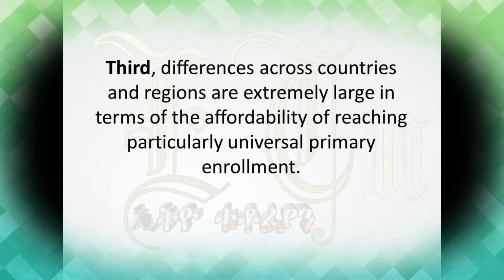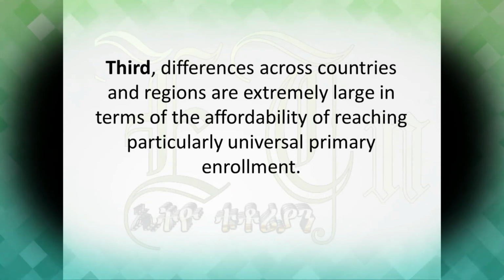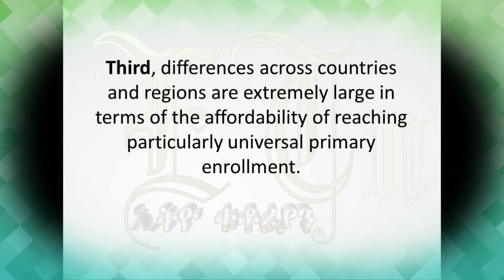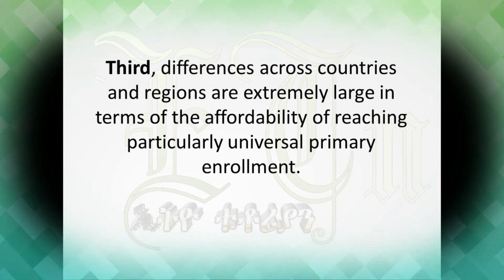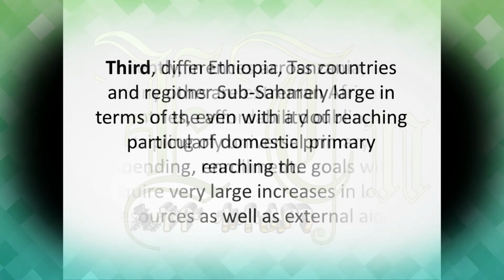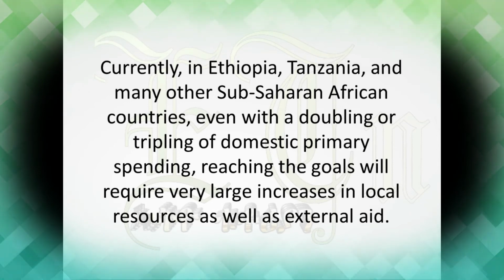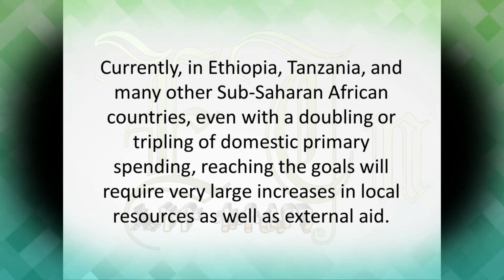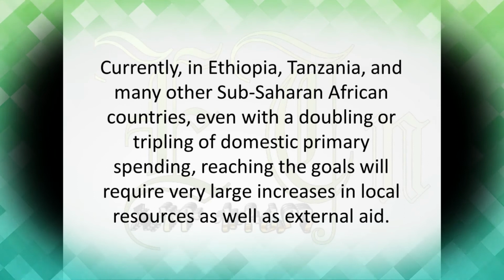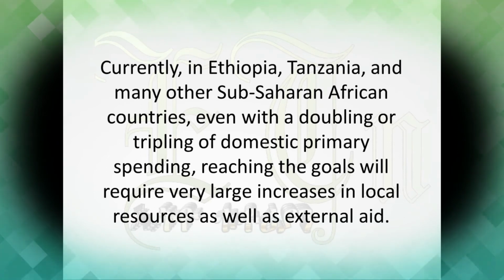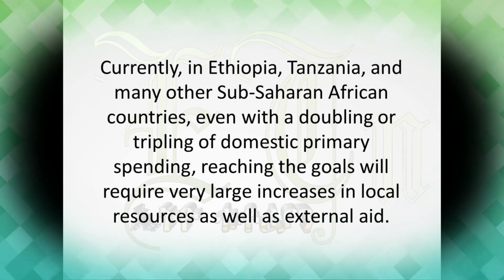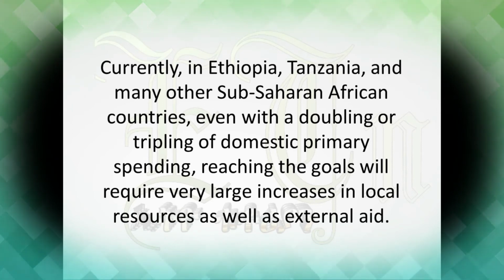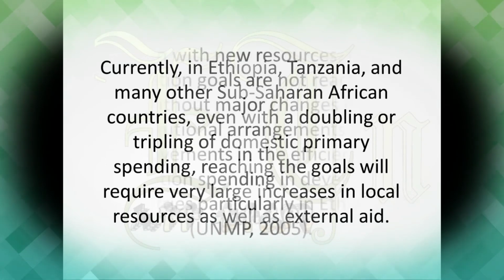Third, differences across countries and regions are extremely large in terms of the affordability of reaching particularly universal primary enrollment. Currently, in Ethiopia, Tanzania, and many other sub-Saharan African countries, even with a doubling or tripling of domestic primary spending, reaching the goals will require very large increases in local resources as well as external aid.